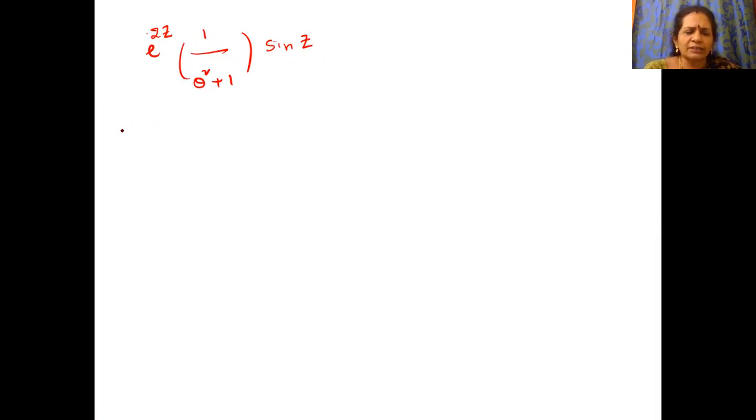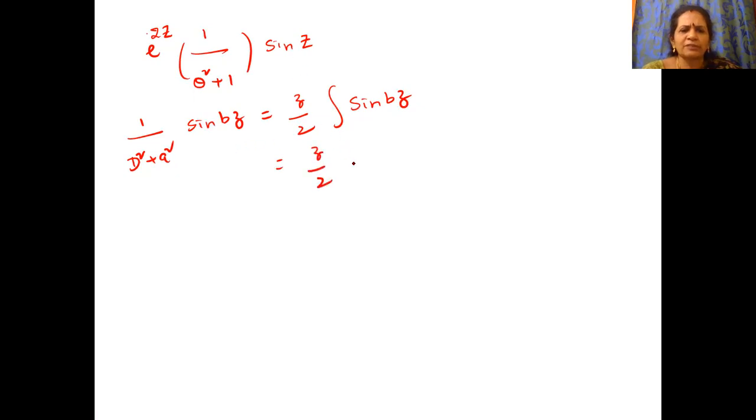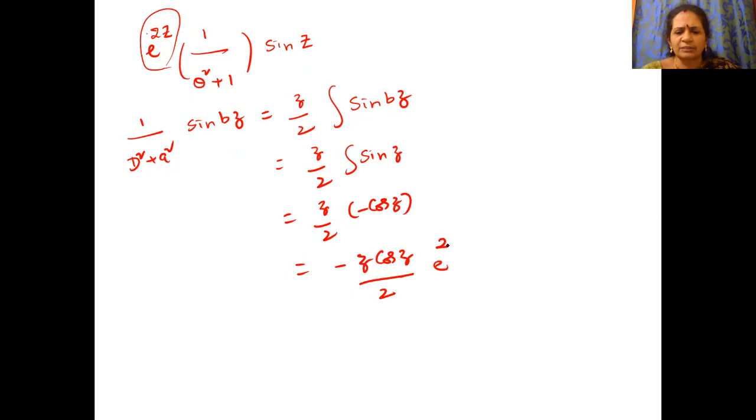So if we have it like this, we use the formula 1 by d square plus a square into sine bz, giving z by 2 into the integral of sine bz, which here means the integral of sine z. What is the formula for the integral of sine z? Minus cos z. So we take minus z into cos z by 2, into e power 2z as it is. This is the value of yp, right?